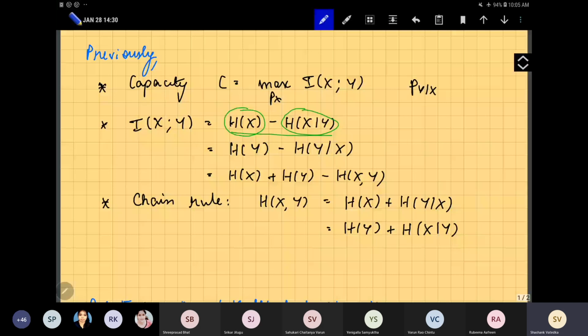If you have two random variables X and Y which are jointly distributed according to some distribution P(X,Y), then the joint entropy of X,Y is equal to the entropy of X plus the entropy of Y given X, and it's also equal to the entropy of Y plus the entropy of X given Y. So the total uncertainty about the pair X,Y is equal to the uncertainty of one of these random variables plus the amount of uncertainty left over in the other random variable having observed the first one. Right? Any questions till now?